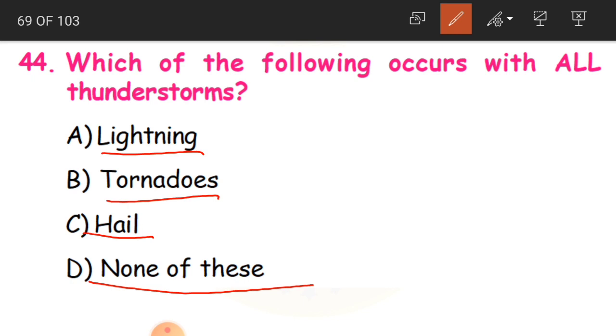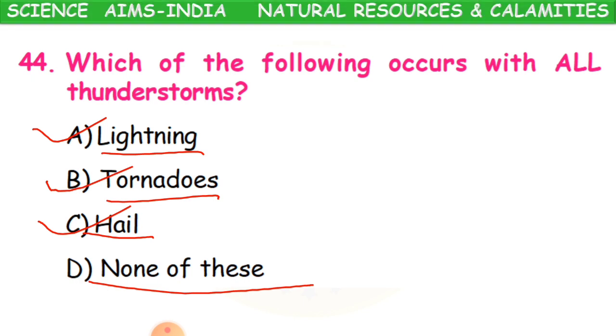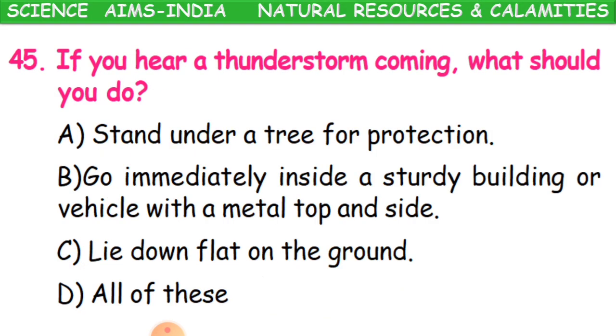Actually we'll also have lightning, tornadoes and hail also, sometimes hail. So A, B, C, all 3 are the correct answers. Clear, children? And the 45th question. If you hear a thunderstorm coming, what would you do?